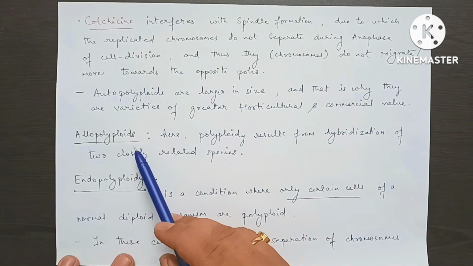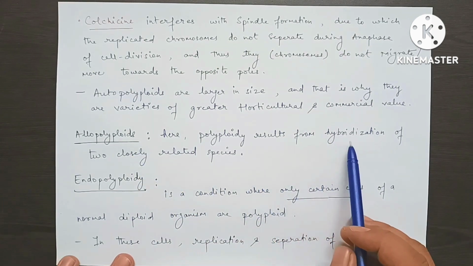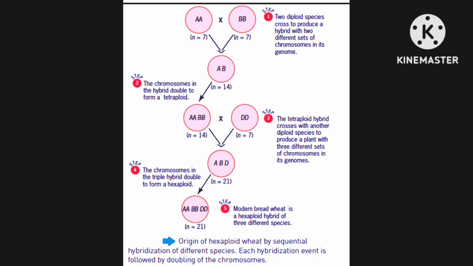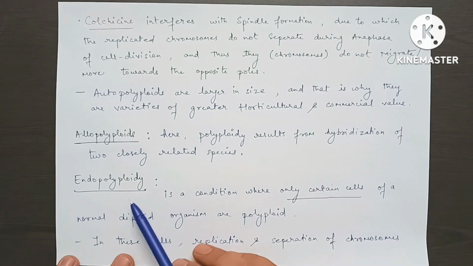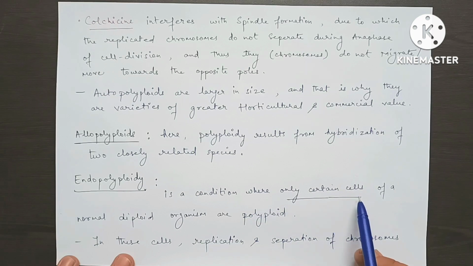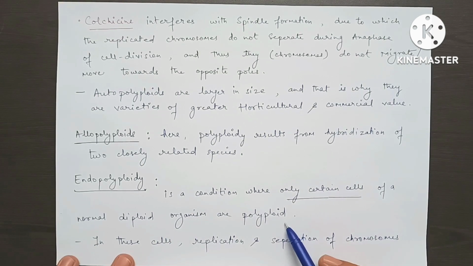In allopolyploids, polyploidy results from hybridization of two closely related species, whereas in endopolyploidy, it is a condition where only certain cells of a normal diploid organism are polyploid.